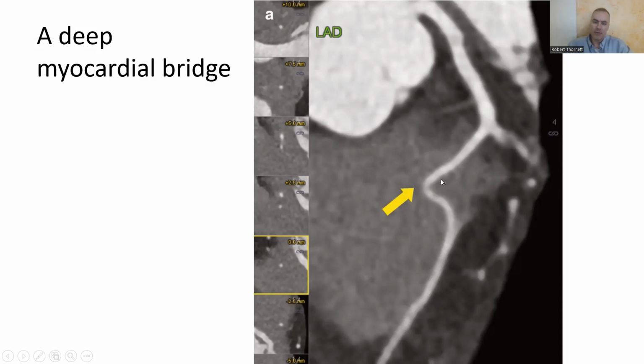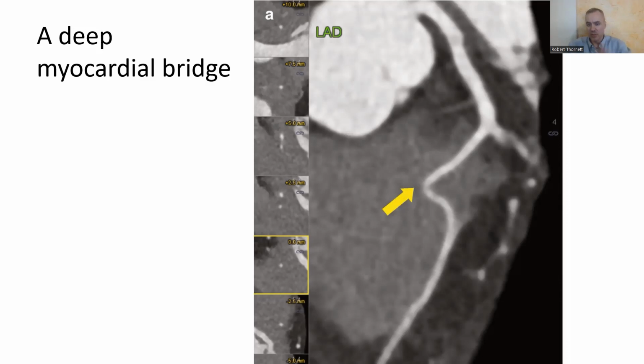Just for perspective, there was a study in China where a guy had a 1 centimeter myocardial bridge. I think it wasn't even on his LAD, it was on his right side. And it caused him crushing chest pain, and he collapsed just from a 1 centimeter myocardial bridge. Some doctors will deny that that's possible, that that sort of a bridge could cause symptoms, or that any bridges could cause symptoms.